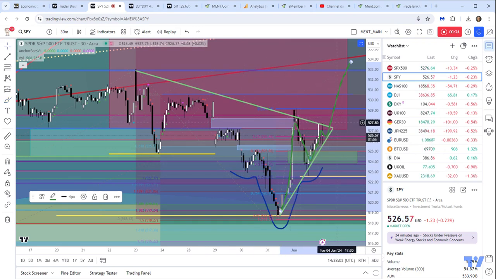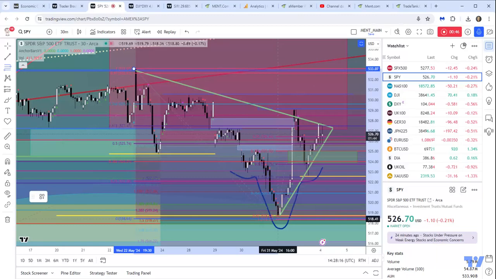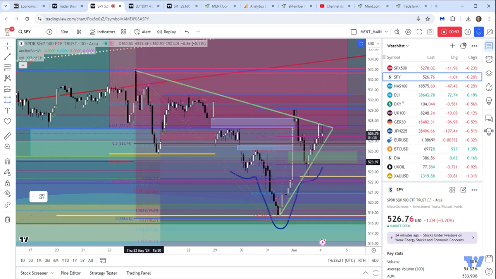I'll get rid of this so we can draw it again later. And really quite interesting to see, I'll just be very honest with you. You take the gap from here to here, okay? You just map out the 382 to 50 area as resistance, which is right here.